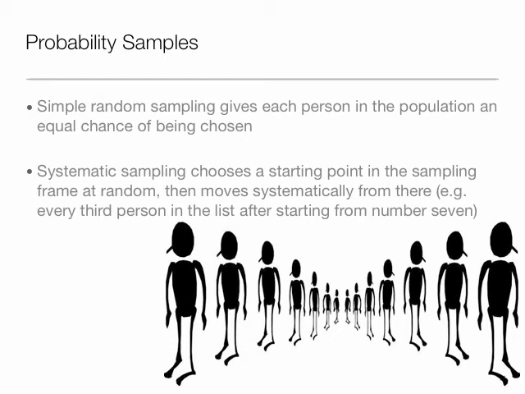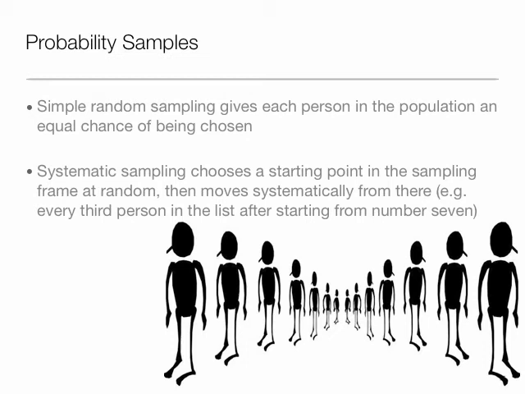Systematic sampling: what you do instead of using these random numbers is you start with a system or a way to get that person.